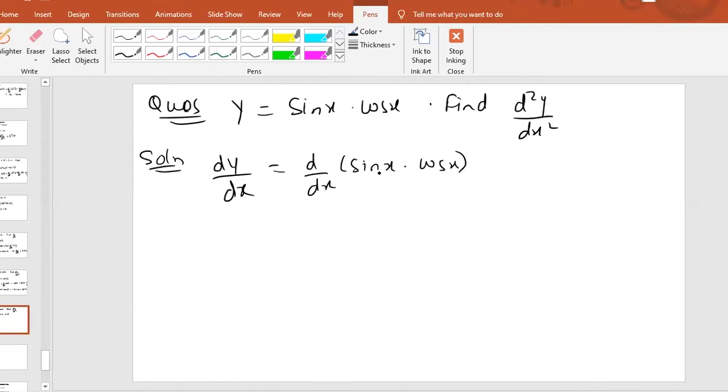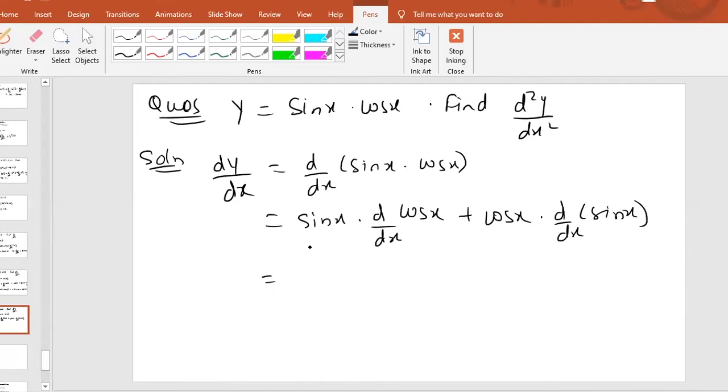Now we have two functions which are multiplied, so we have to use the product rule here. To use the product rule, we take the first function as constant, differentiate the second function with respect to x, then plus take the second function as constant, that is cos x, and differentiate the first function with respect to x.